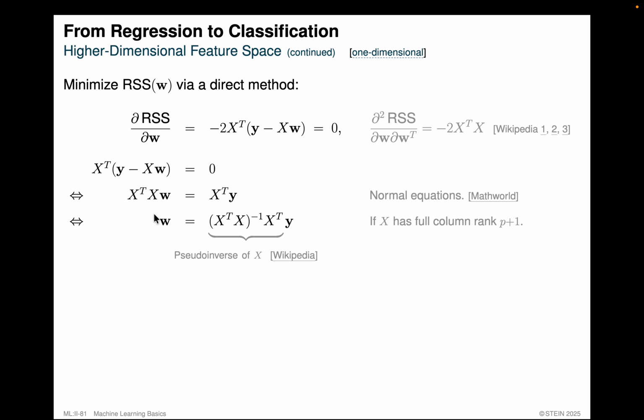So this gives us a linear equation system that can be solved, and this then is the solution by computing the inverse of this square matrix of multiplying the feature vectors with themselves. We can compute this pseudo-inverse. It's called a pseudo-inverse because our feature vectors are a rectangular matrix. It's not a square matrix.